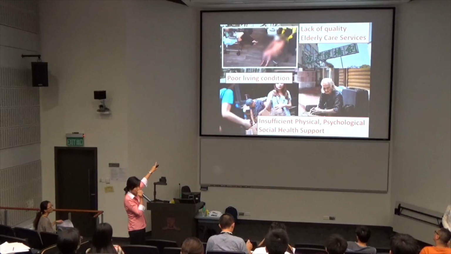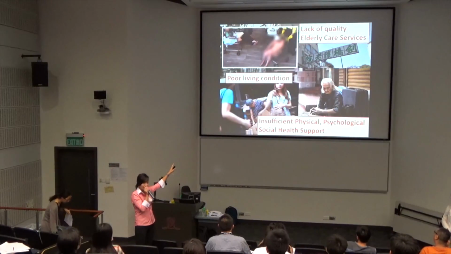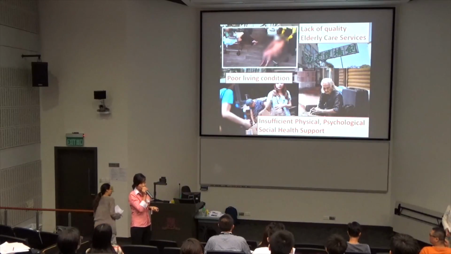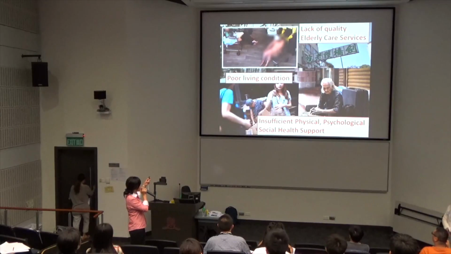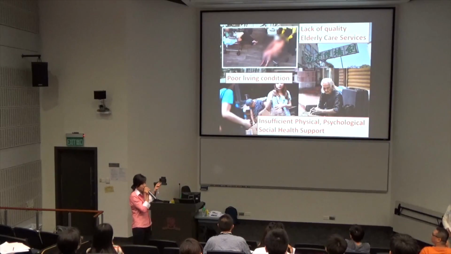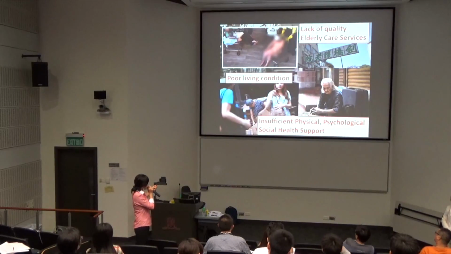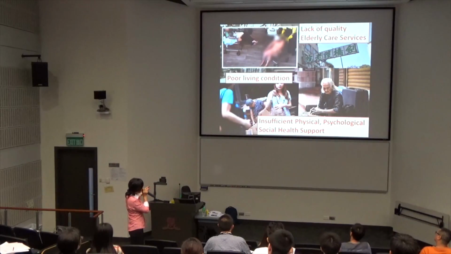It's about the news, talking about elders living without dignity. The news disclosed the poor living conditions faced by the elderly. The insufficiency of physical, psychological and social health support is what all the elders need.